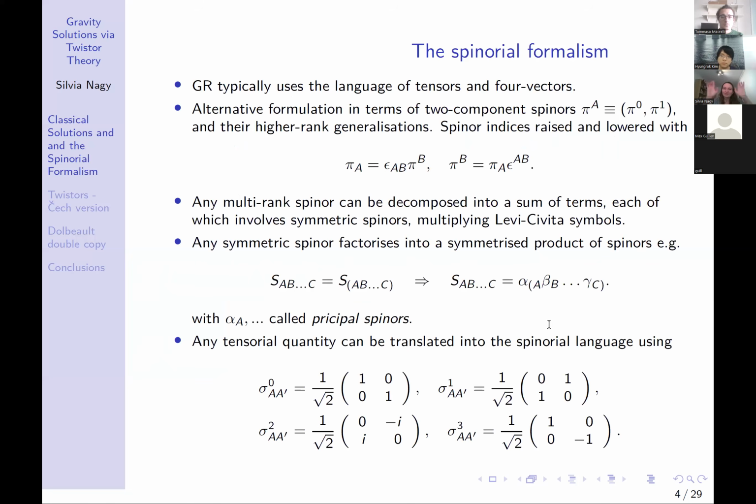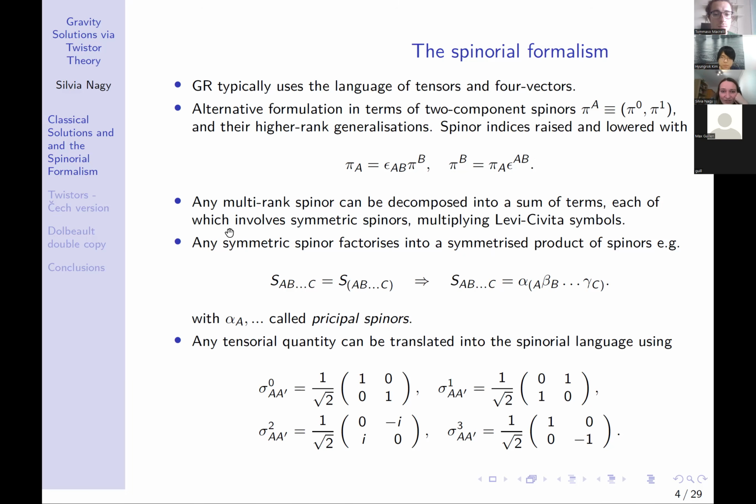Let me just start before even getting to the twistors at all, just the spinorial formalism. For this audience, I can go quite fast over this because I think people are probably already familiar with this. The basic idea is that instead of working with tensors and four vectors, we work with these two component spinors where we raise and lower indices with epsilons.